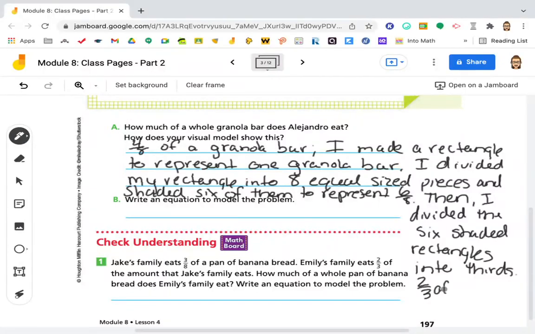Two-thirds of the amount Prisha eats is 4 parts of the whole. And it says write an equation to model the problem. Well, we had 2/3 times 6/8 equals 4/8.